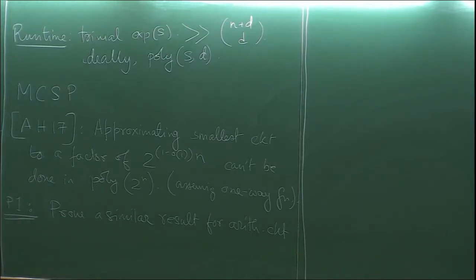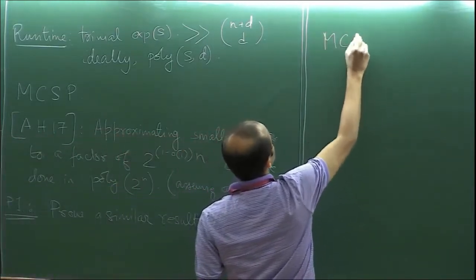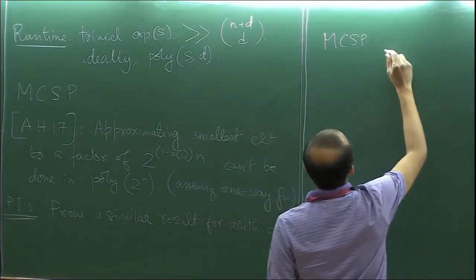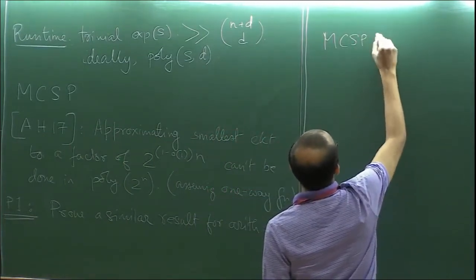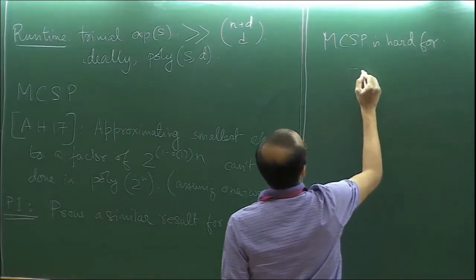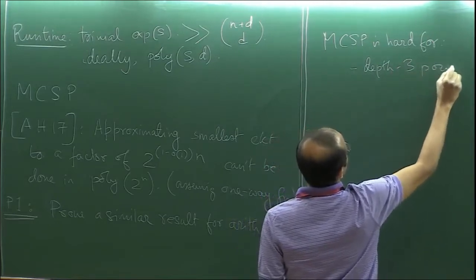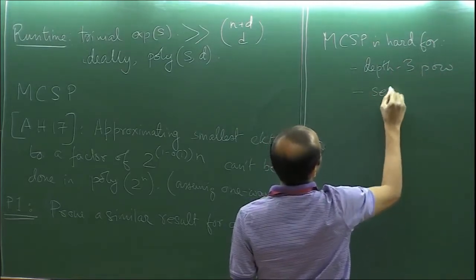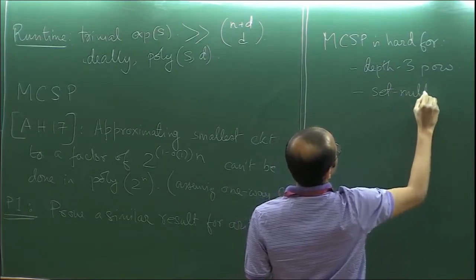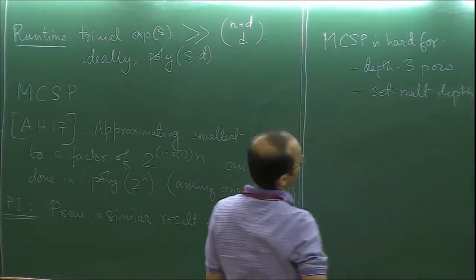Coming back to this point, what we know is that for special classes of circuits, arithmetic circuit MCSP is hard. Even approximating is in some sense hard. MCSP is hard for the following circuits: depth 3 powering circuits and set multilinear depth 3 circuits.